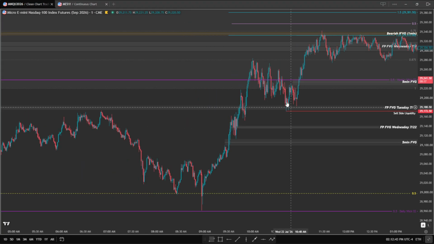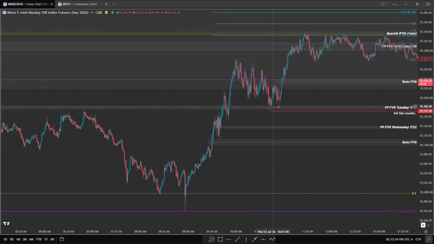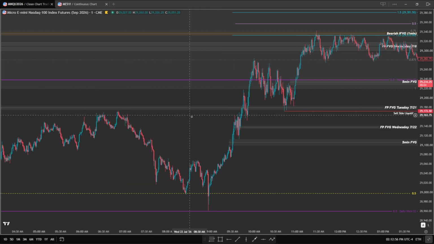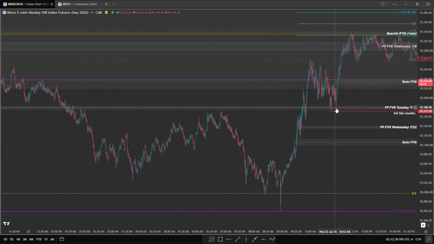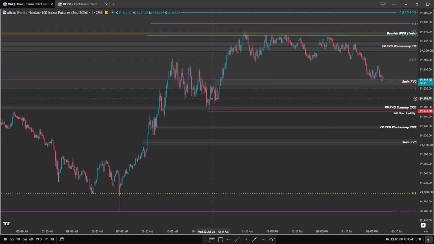But this is interesting to me because of all the buy side generated, and it just being reluctant to actually go lower here. So this is, and it's using a PD array. So that's nice. But I just didn't have confidence in it because it's a continuation.